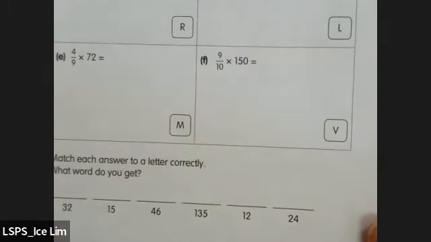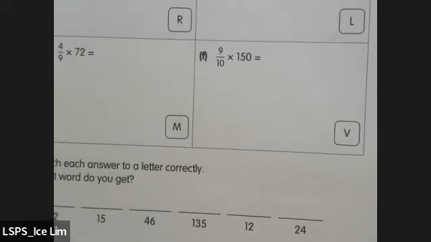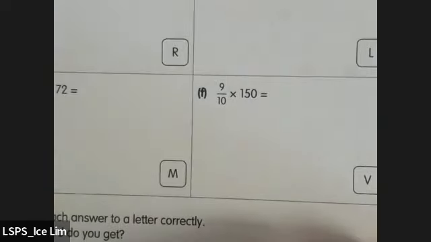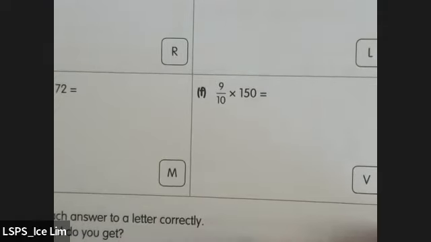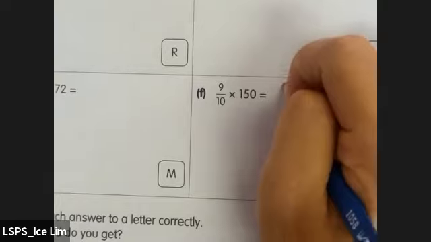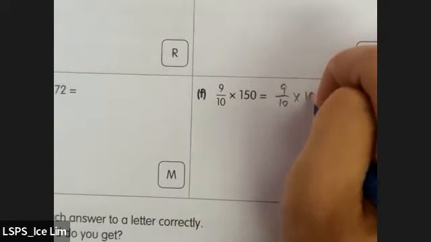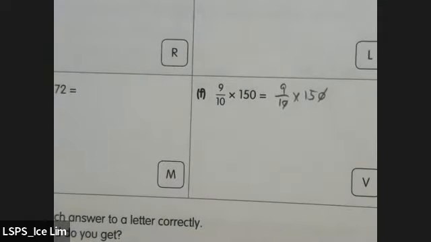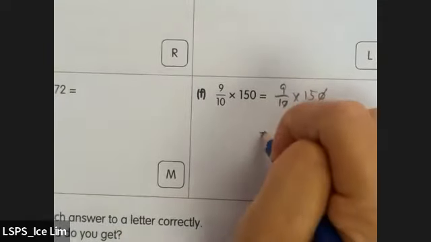Okay, I'll show you some examples. For me, if I want to do it fastest and easiest, are you at 73? Yeah. If I want to do it fastest and easier, I will choose number 1, I cancel the 0. Then 15 times 9.